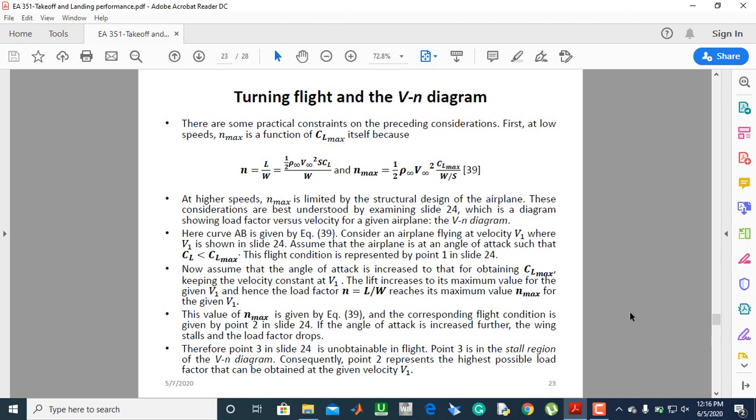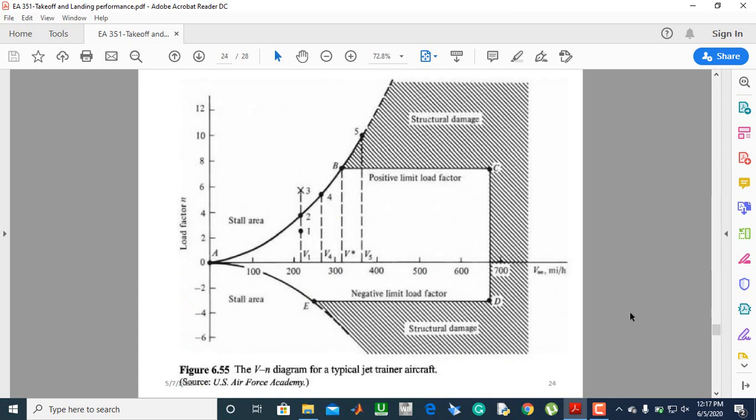So at higher speed, the maximum load factor is limited by the structural design of the aircraft. These considerations are best examined using slide 24.